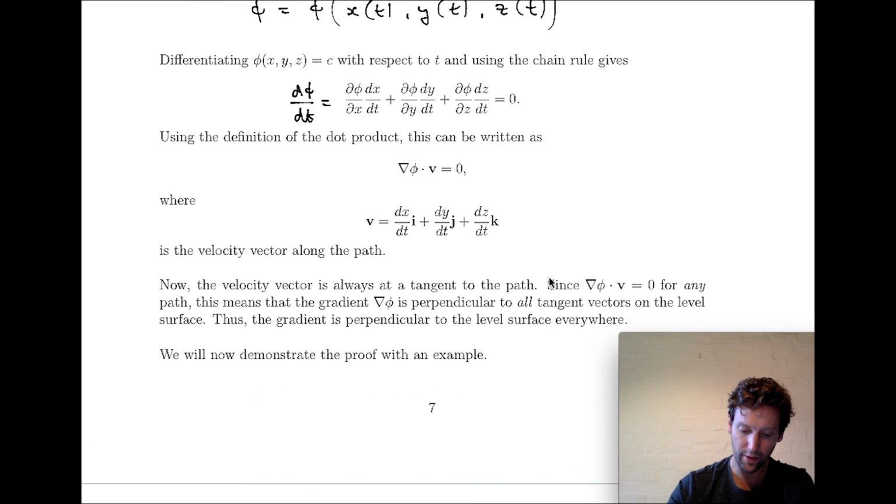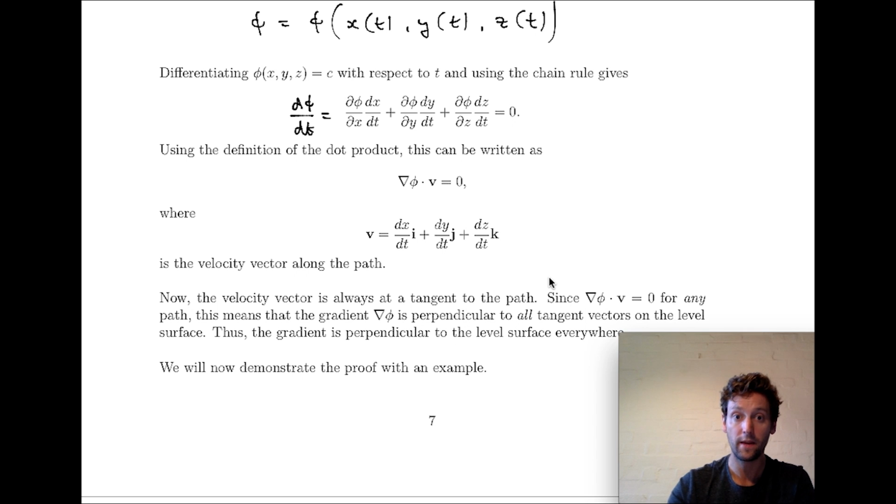So what we've shown here is that the velocity vector is perpendicular to the gradient vector, right? So the velocity and the gradient vector have zero dot product, which means that they are perpendicular to one another. But the velocity vector is always pointed along the path, and that means that a vector in the surface is going to be perpendicular to the gradient of phi.